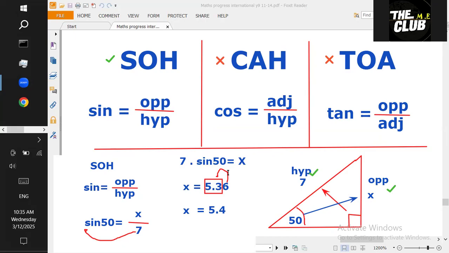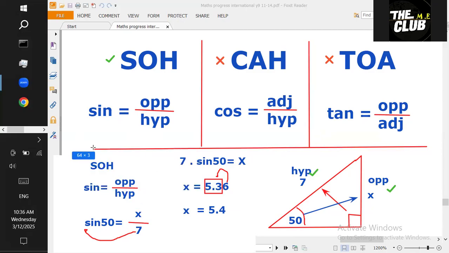So focus on the steps of solving, focus on the formulas that you want to use, and focus on the idea of SOHCAHTOA. Now, let me give you another question, and let's use one of the trigonometric ratios, and then you understand the idea. Let's cover this first.